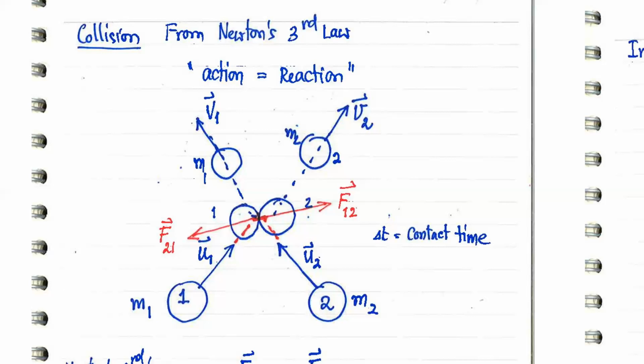So let's get to the basic concept first. This is a discussion on Newton's third law, and it's action equal to reaction. When you have two objects collide, they will have force acting on each other. Well, when we say collision, it doesn't mean that the two objects have to touch each other. Sometimes they don't touch. For example, a gas molecule collides with another gas molecule.